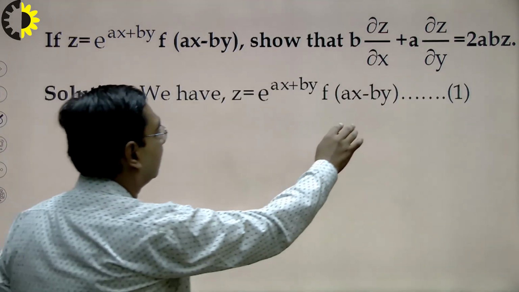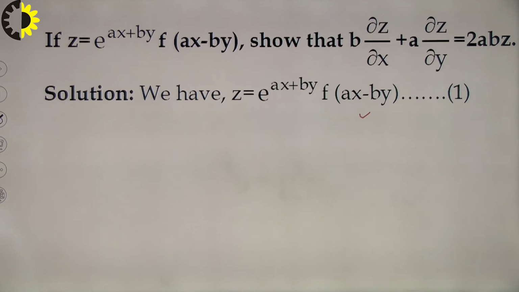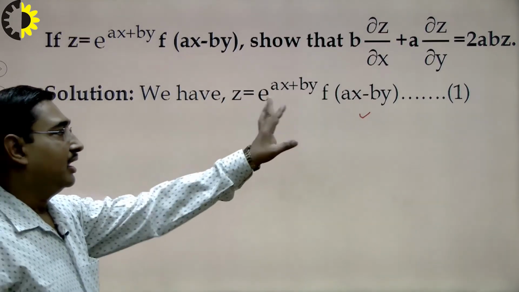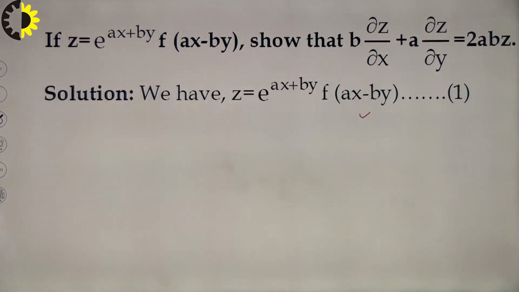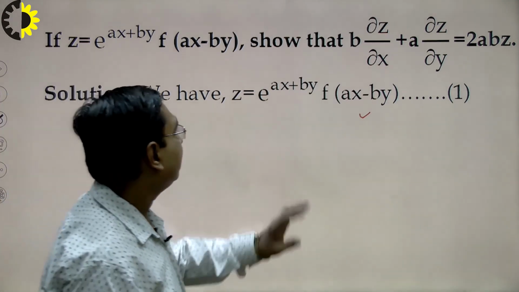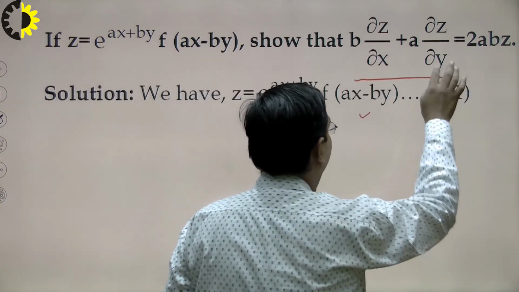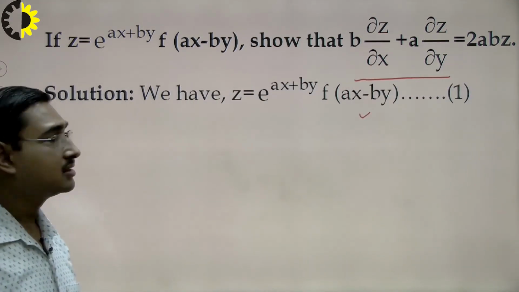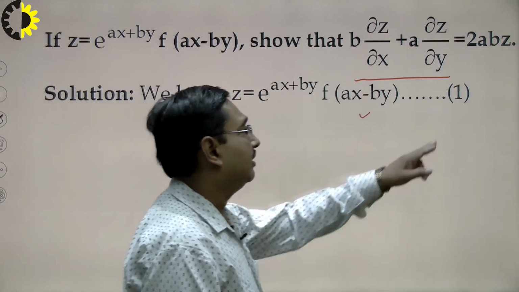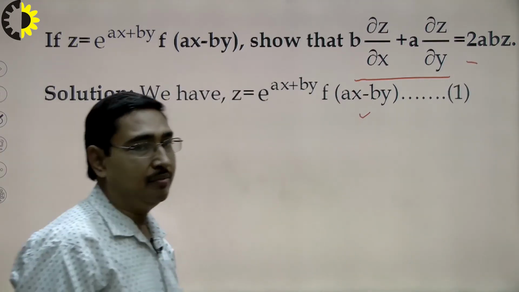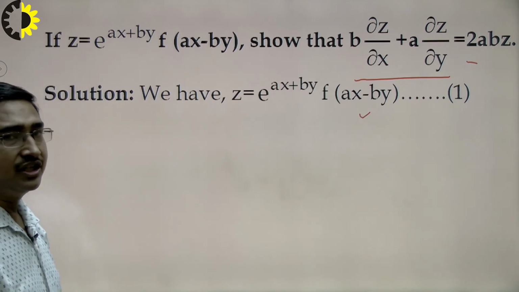This is the value of z, e raised to the power ax plus by, f of ax minus by. We want to prove that this expression b del z over del x plus a del z over del y equals twice abz. What shall I do?